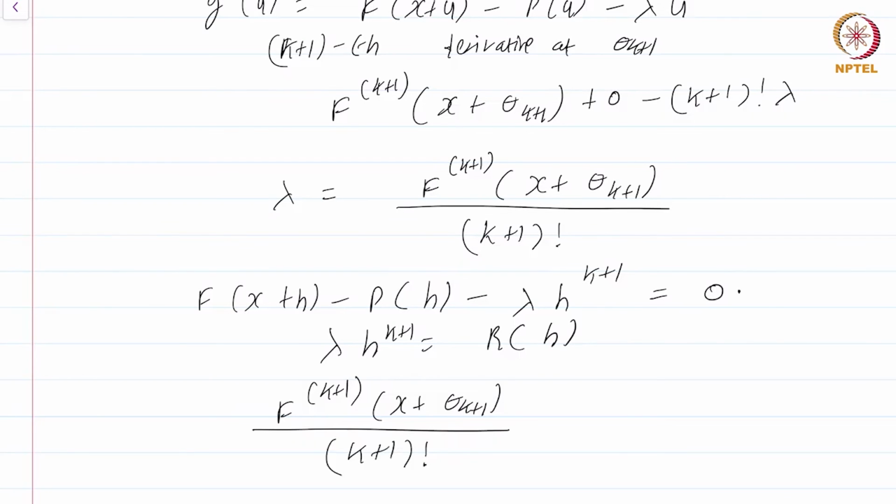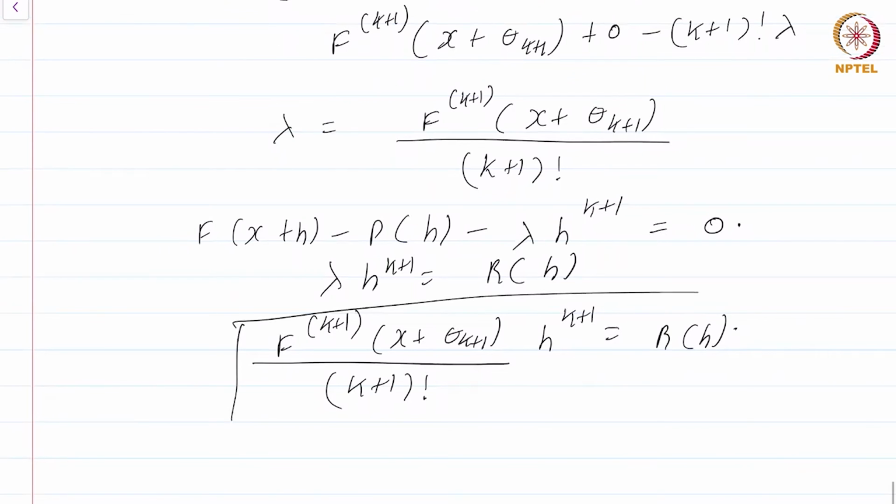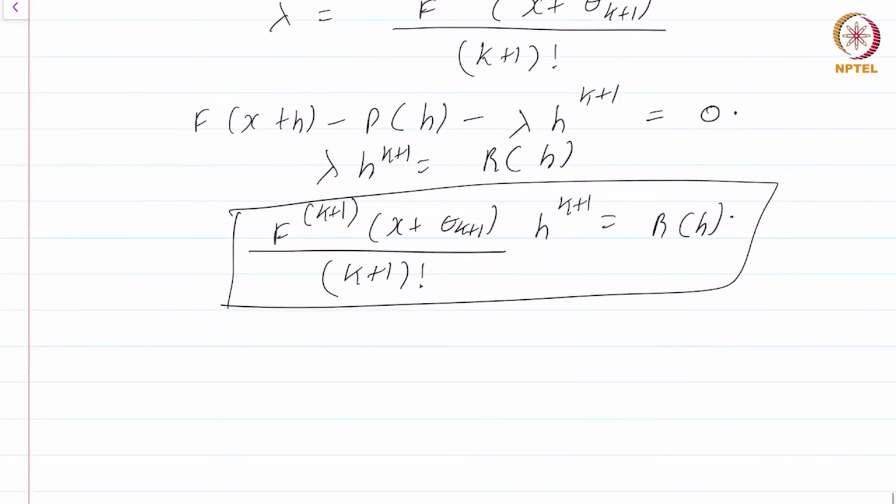That's what we have concluded by repeated application of Rolle's theorem. That means this times h to the power k plus 1 is r of h. And if you look carefully, this is what we wanted. This is the Lagrange form.